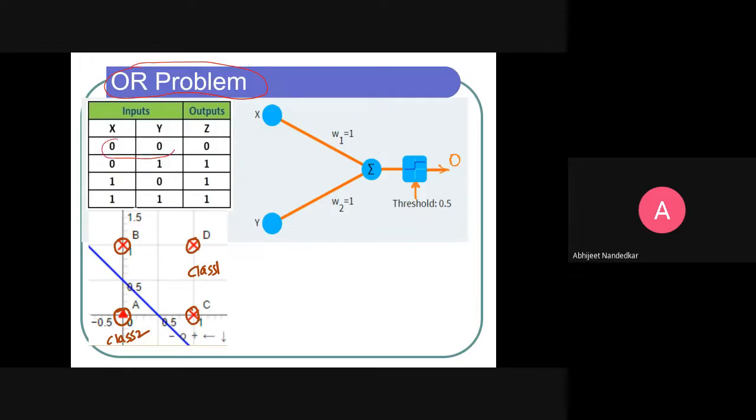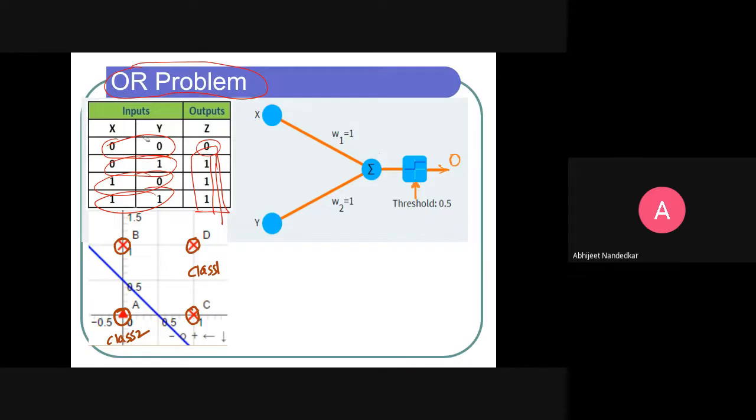If I take 2 bits, then I have 4 possible combinations like this, and for 0 0 I get 0, and for any other combination I get +1. So this is our simple OR gate or OR logic, in digital electronics or binary circuits.